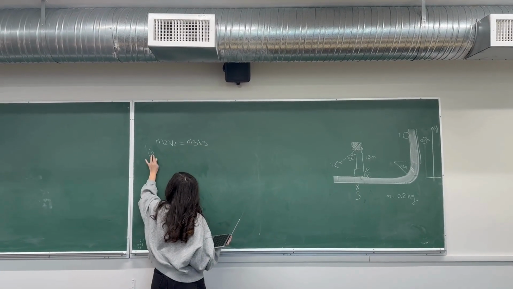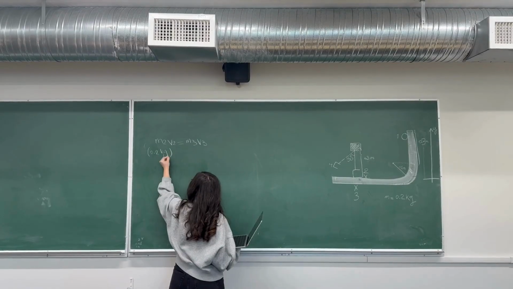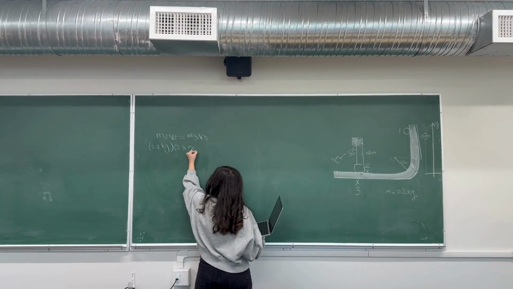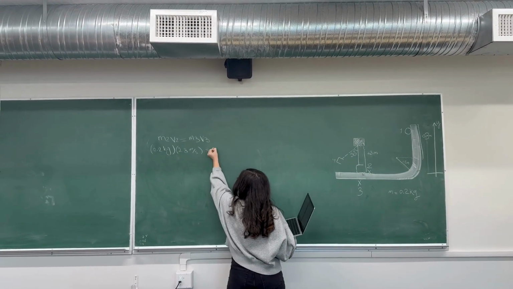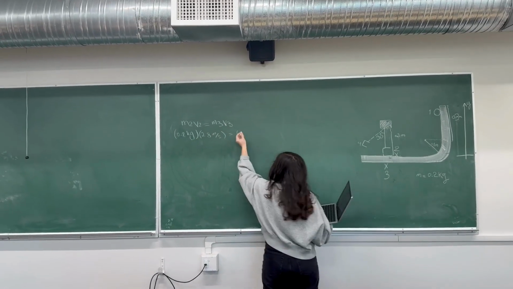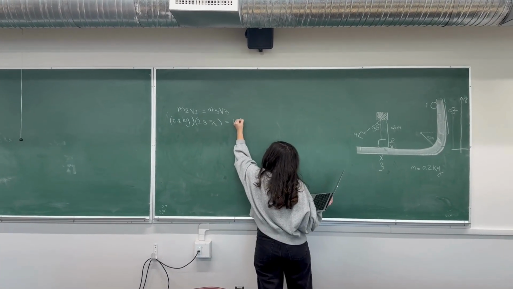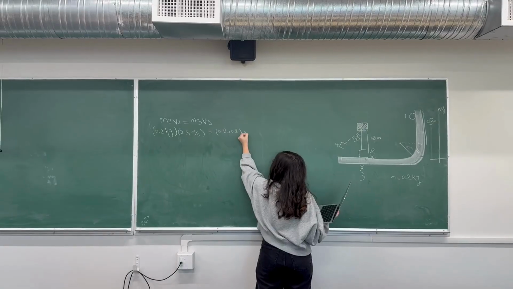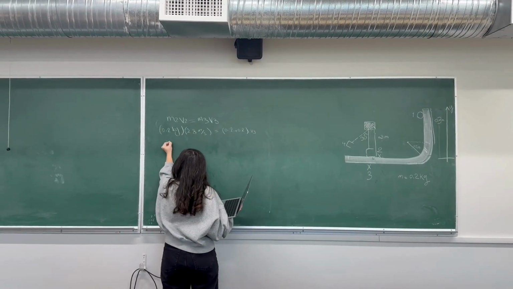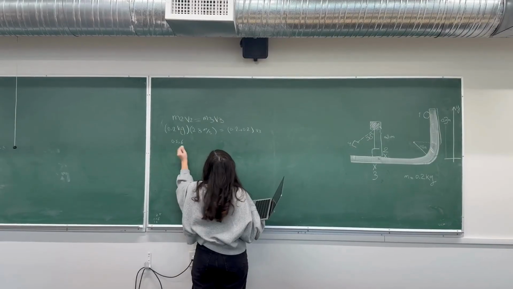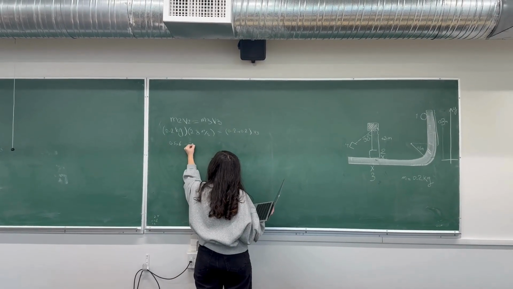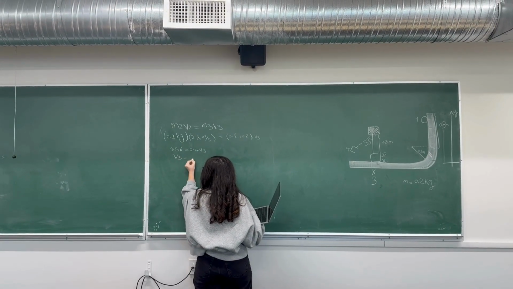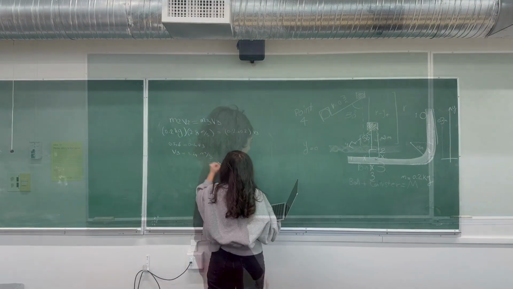Our m2 is 0.2 kilograms, we got our v2 of 2.8 meters per second in the last part, and for m3, the mass at the third point, we have 0.2 plus 0.2, since it's canister and ball together. So the calculation is 0.56 equal to 0.4 v3, and the velocity in the third part is going to be 1.4 meters per second.